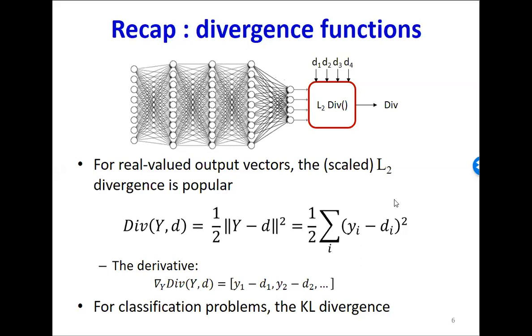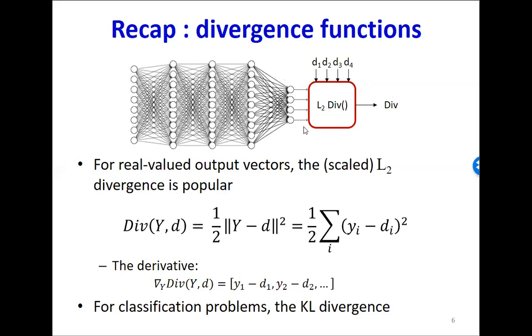Since one of the things we want to do when we are performing backpropagation is to compute the derivative of the divergence with respect to the individual parameters of the network, we need to be able to differentiate this divergence. And in this particular case, the divergence is a function of many outputs.